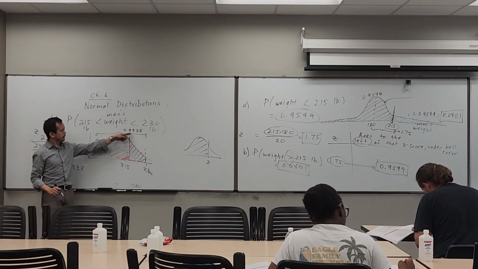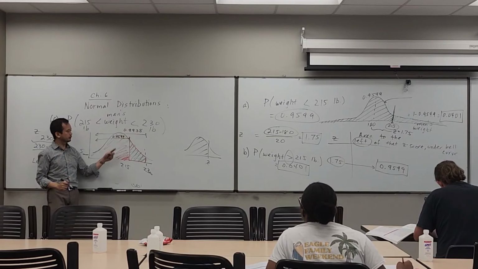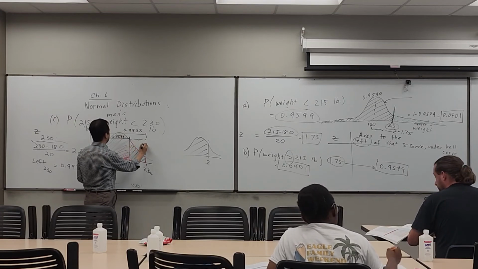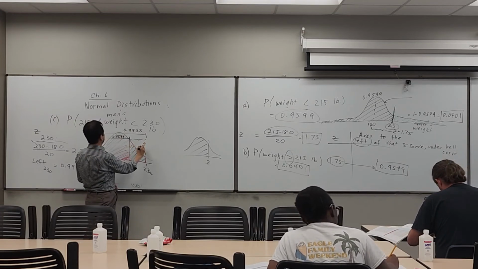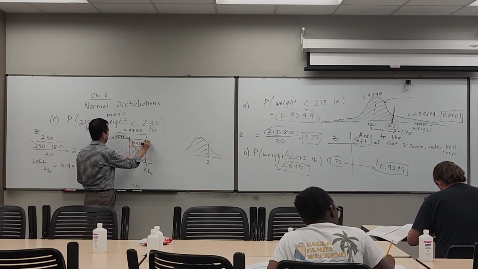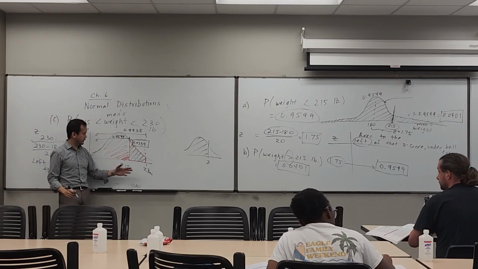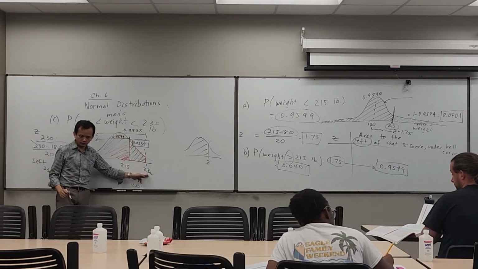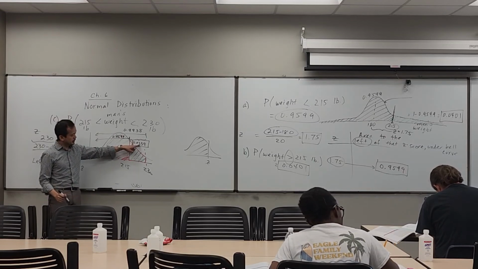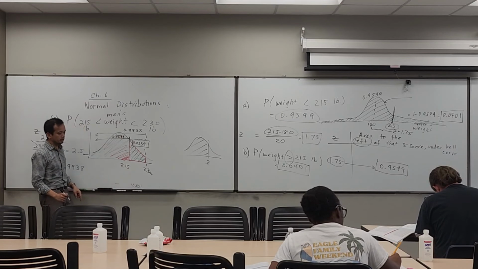And so if we start with 0.9938 and remove an area of 0.9599, we're going to be left with an area of 0.0339. So this tells us that that's the probability of having a man's weight that's between 215 and 230 pounds. In other words, there are 3.39% men who weigh between 215 and 230 pounds.